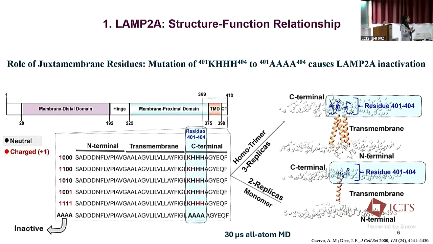But it also depends upon the local environment. So we varied different charges, keeping K as +1 in all of them, H as 0 in the first case, the first H as +1, the second H as +1, the third H as +1, all the H as +1 charge, and then we have the inactive form, which is AAAA. We try to see what are the differences which are governing the functionality.